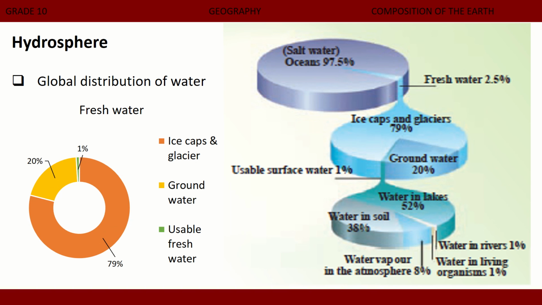When we subdivide the fresh water again, it is available as ice caps and glaciers 79%, groundwater 20% and 1% of usable fresh water.